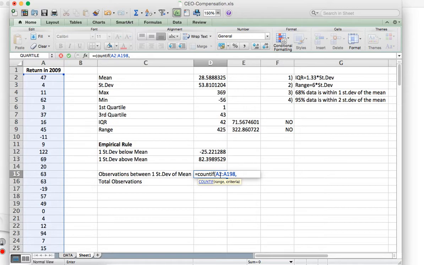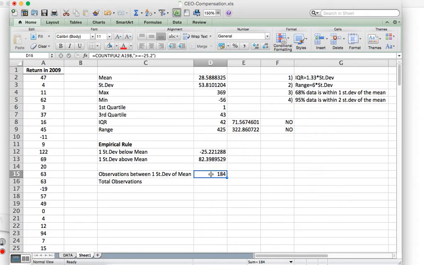So this would be in quotation marks, greater or equal than minus 25.2, and we close the quotation marks, and also close the bracket. Let's see if it works. Yeah, it turns out there are 184 observations that are greater than minus 25% return.